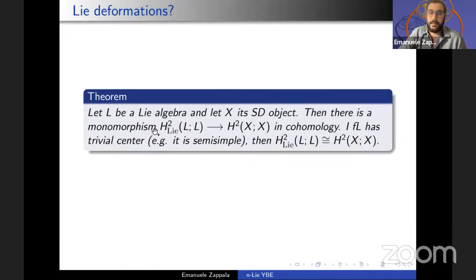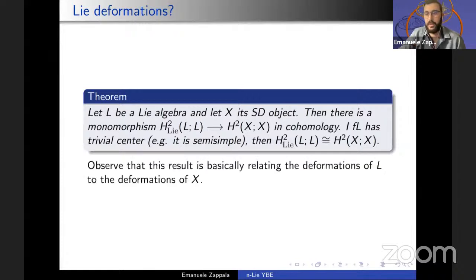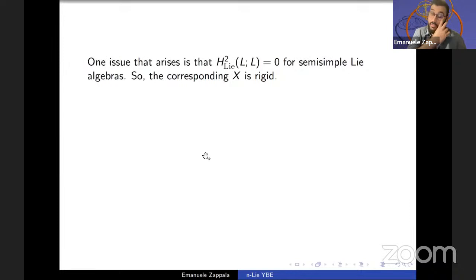And interestingly, now you can carry out all the Lie algebra deformation theory. You can translate it into the deformation theory of self-distributive structures, and under very mild conditions, like something that is satisfied under semi-simplicity, get an isomorphism of cohomology groups. So you're basically translating all the deformation theory from Lie algebras to self-distributive objects.